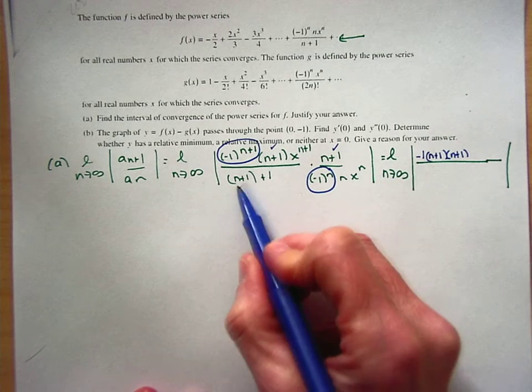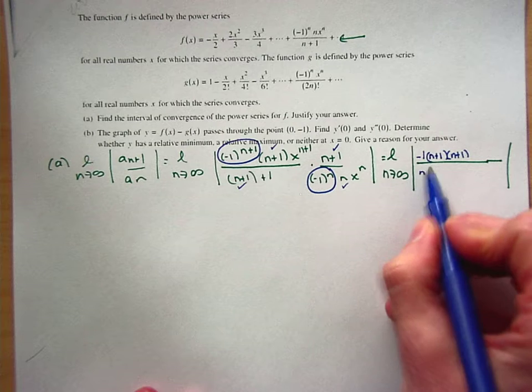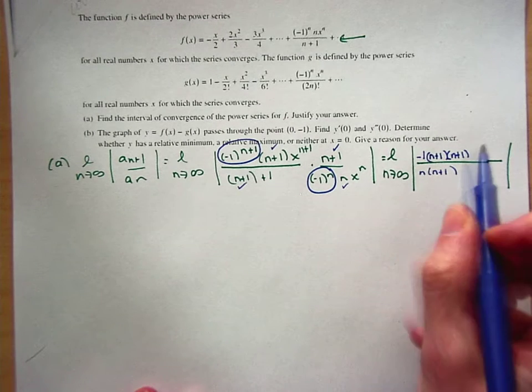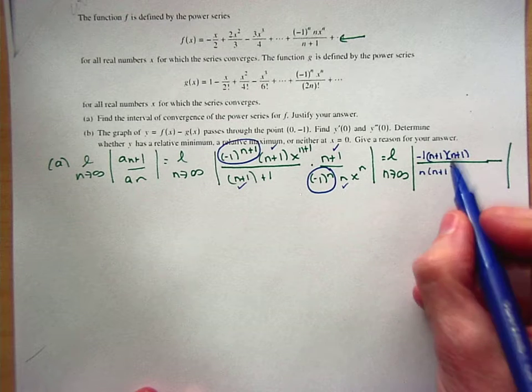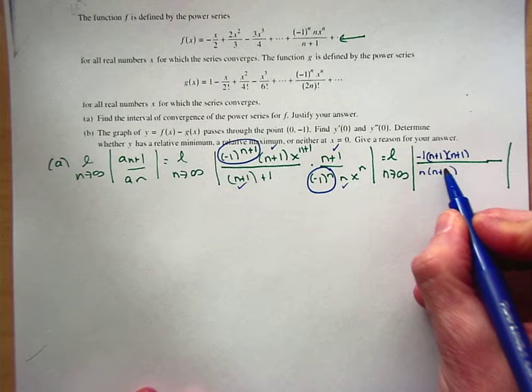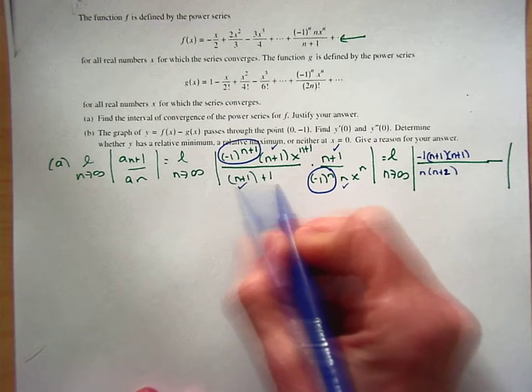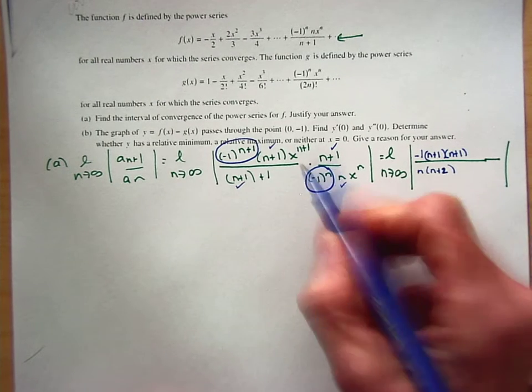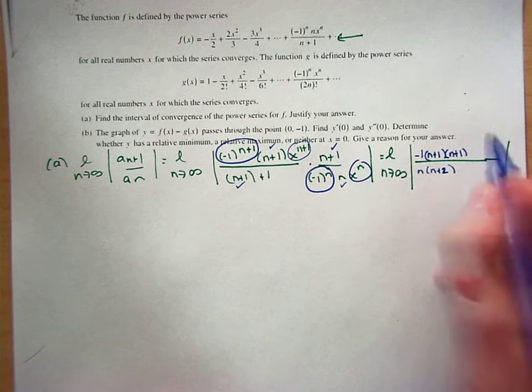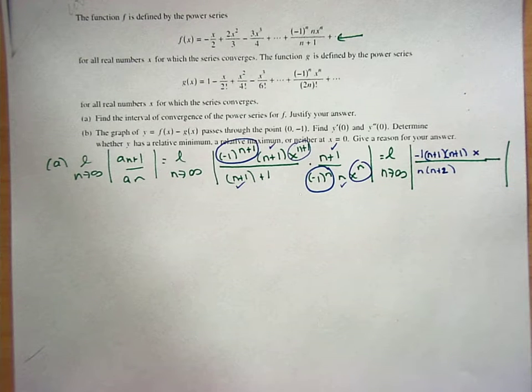And in the bottom I have n times n plus 1. Ew, this is actually n plus 2. So n plus 2 times n. Okay, got that. Taking care of that. And now we've got this one, and it leaves me an x in the top.